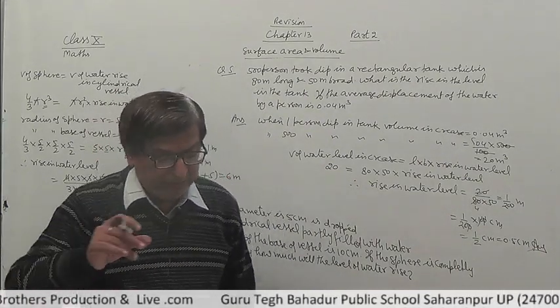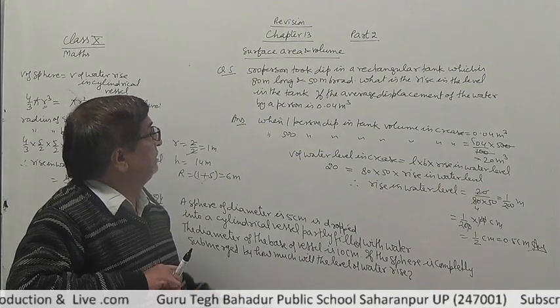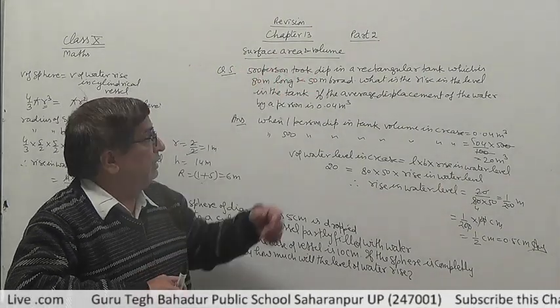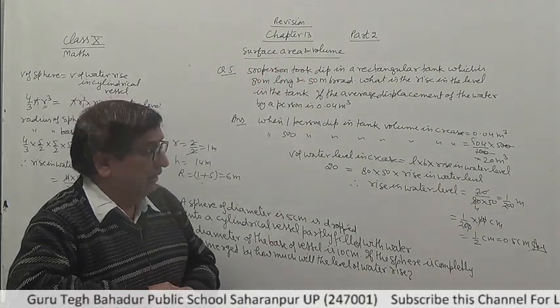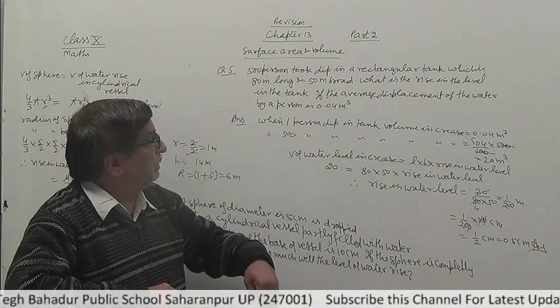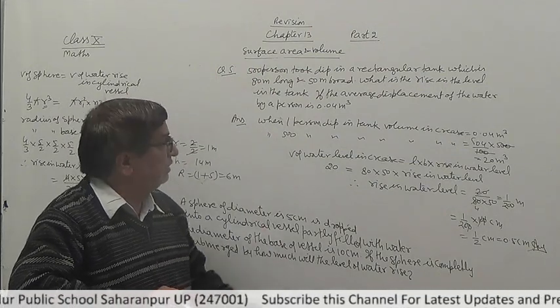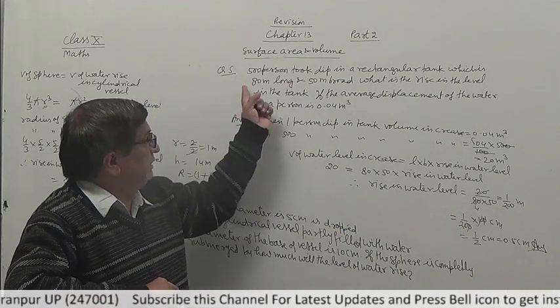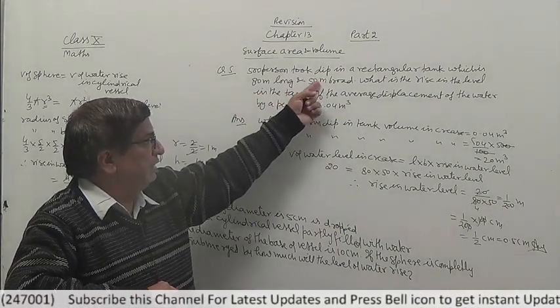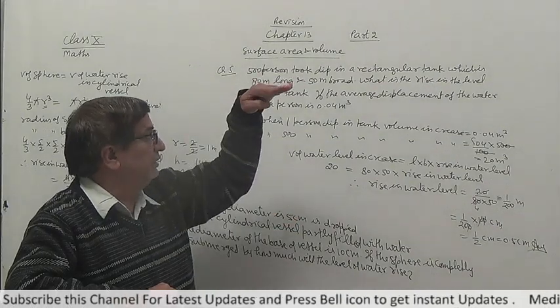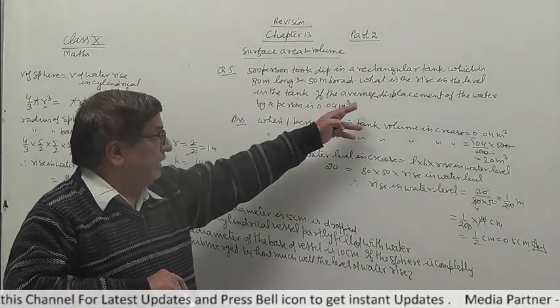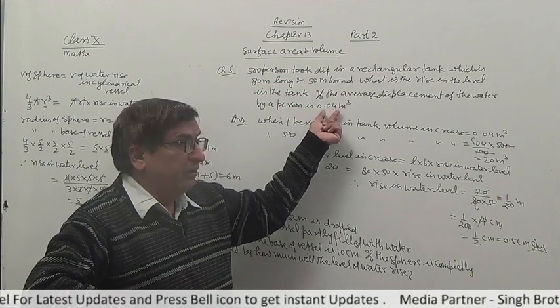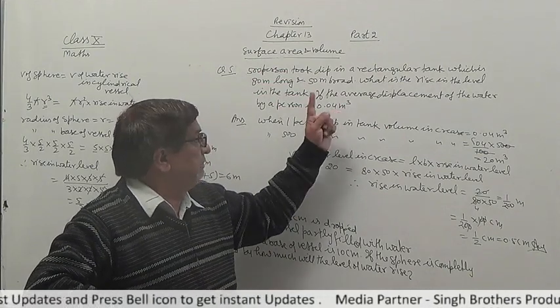Now see this question again. 500 people took a dip in a rectangular tank. When a person dips in the rectangular tank, the water level increases. The base of the rectangle remains the same, only the height increases. The average volume increase is 0.04 meter cube for one person.